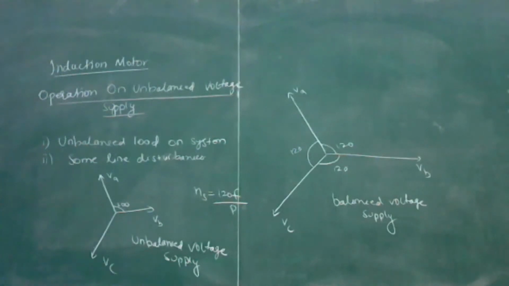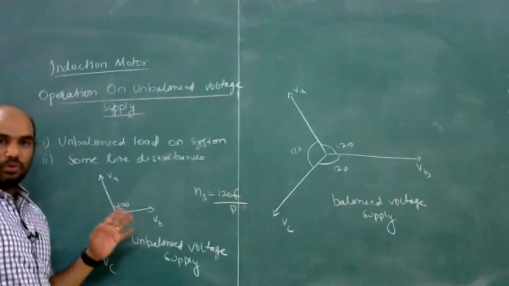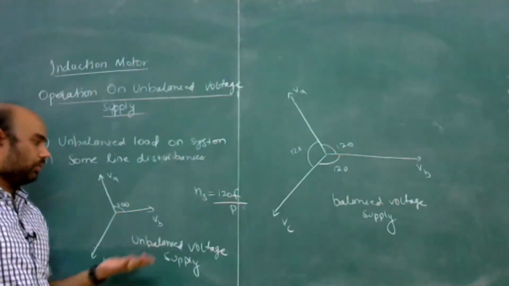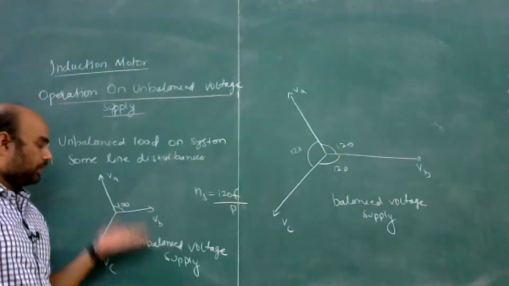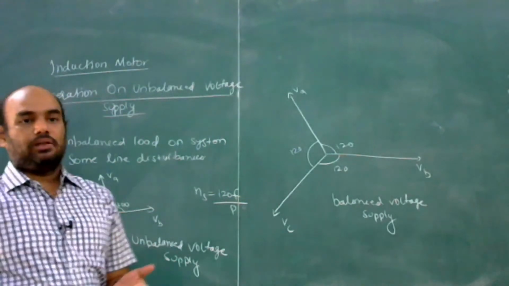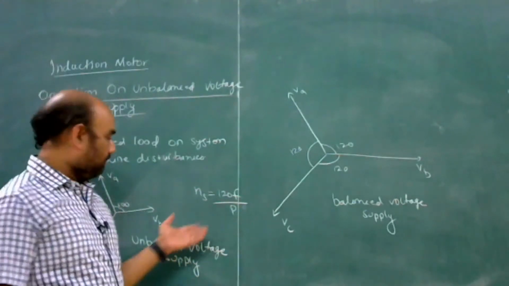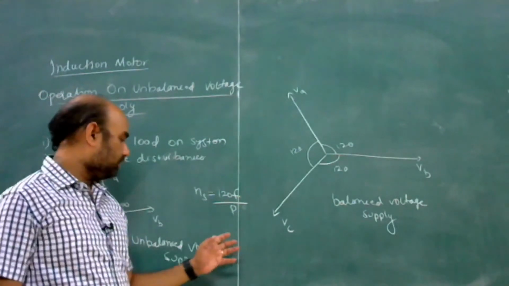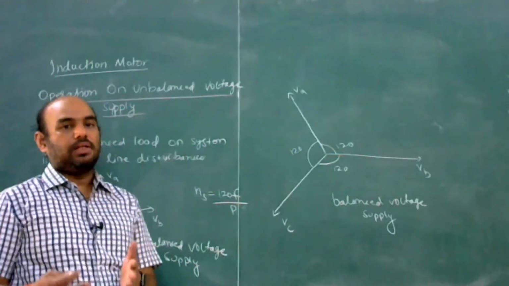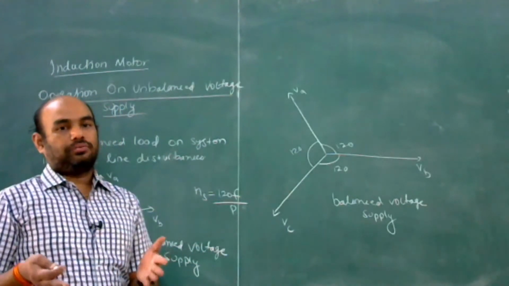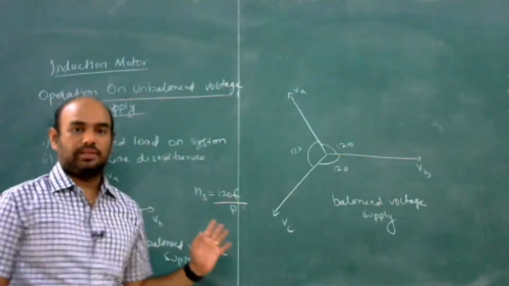So what effect will it have on the operation of the induction motor? We will see. The best way to understand this is to use symmetrical components. First we will resolve this unbalanced voltage supply into symmetrical components, and then we will see the operation of the induction motor on unbalanced voltage supply.